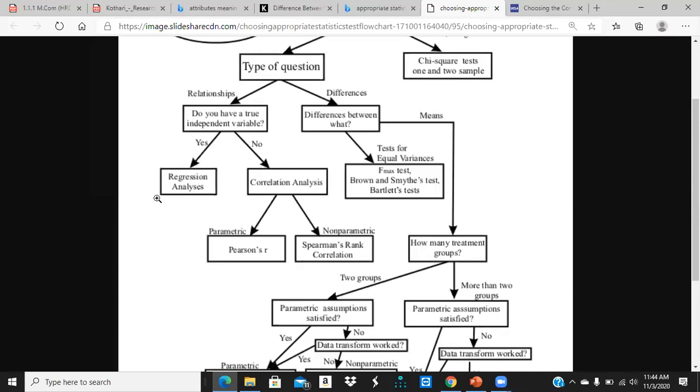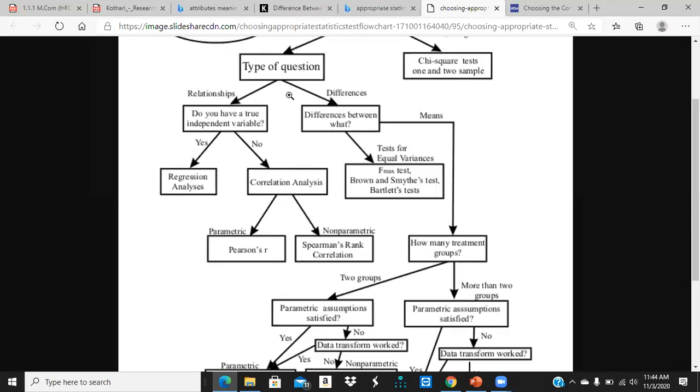If yes, then we have to go for regression analysis. If no, then correlation analysis. In correlation analysis, as I said, there are two, one Pearson's correlation and Spearman's rank correlation, depending upon whether it is a parametric or non-parametric test.